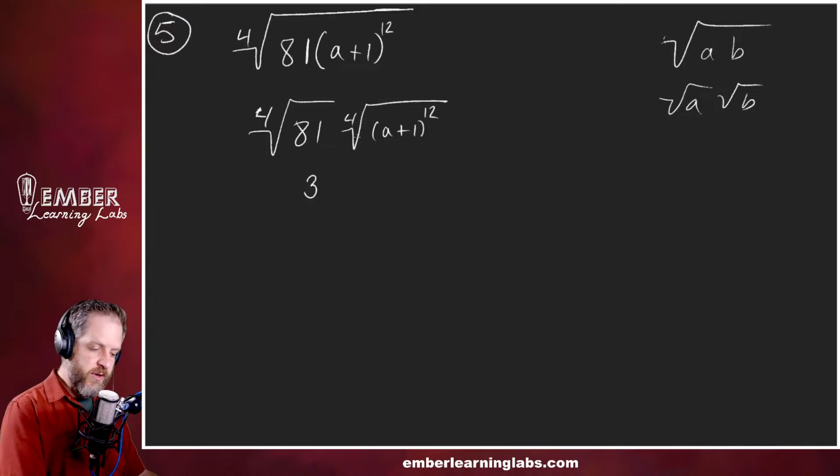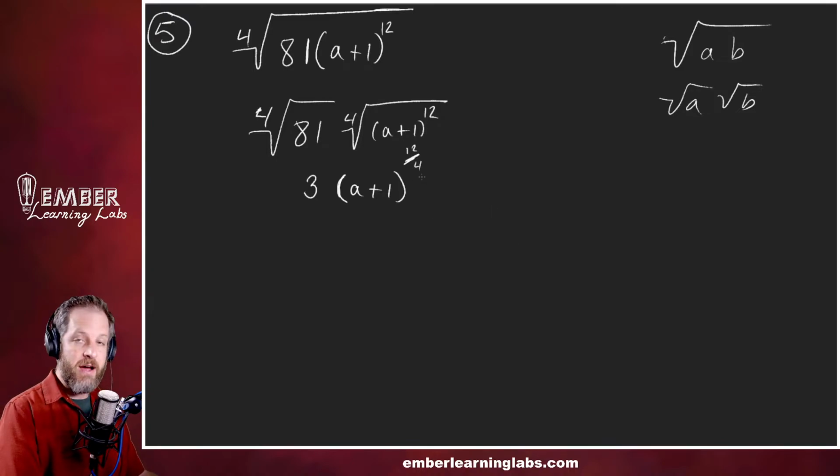Nice. Now this one, I'm going to do it with rational exponents. So this would turn into a plus 1 in the numerator of the fraction would be the power, so 12. In the denominator of the fraction would be the radical part, the root part, 4. 12 divided by 4 is 3.